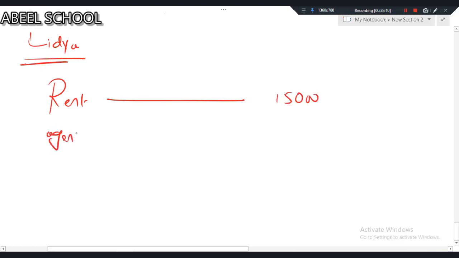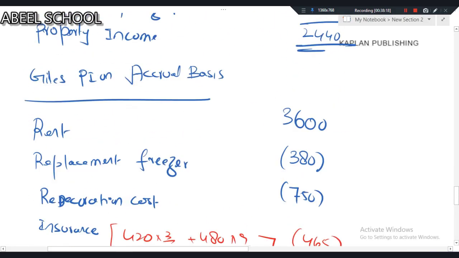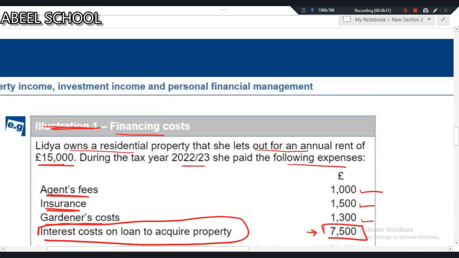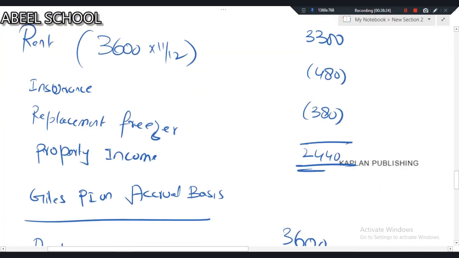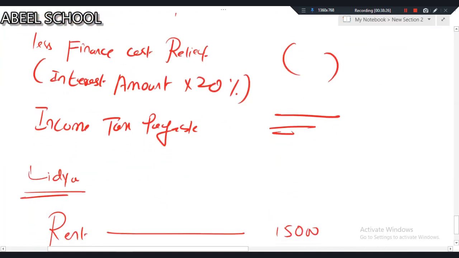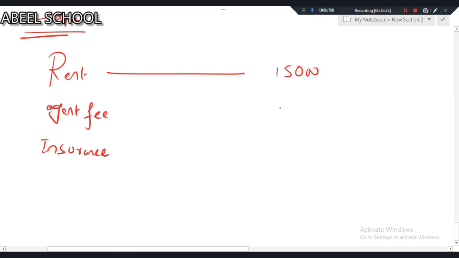We will deduct agent fee. Insurance paid. Agent fee is 1,000. Insurance is 1,500. Then we have gardener cost.